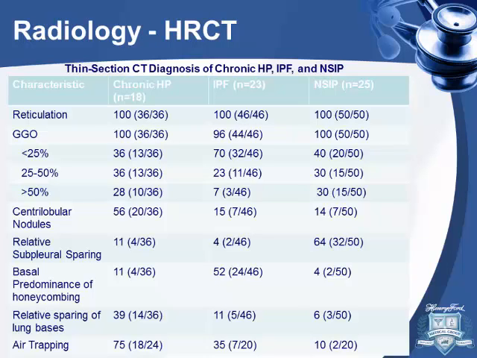And this is what they found in terms of differences. All three had reticulation, very significant. All of them had ground glass changes, but HP had more ground glass than the others, along with NSIP. Centrilobular nodules were much more common, 56% in HP, than in the other two conditions.